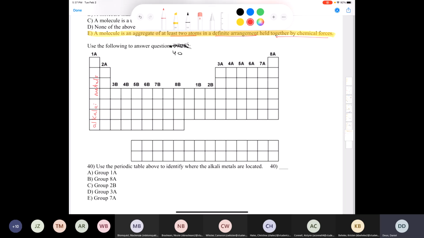So that's group 1A. The alkaline earths are in group 2A. In group 7A, we have the halogens, and these are the group names that you need to know. And group 8A, that's the noble gases. Like that. And that covers all the remainder of practice exam 1.